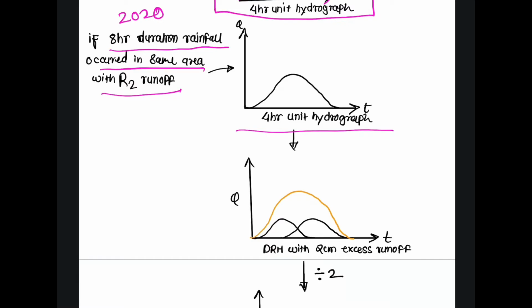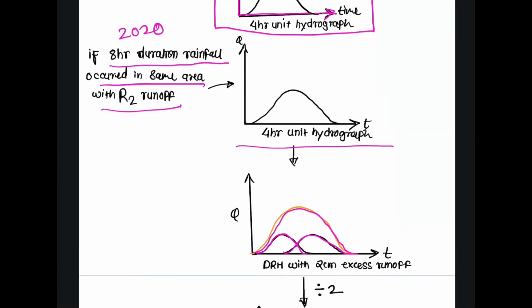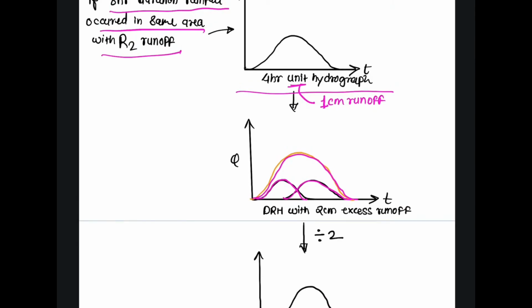and as 8-hour duration rainfall occurred and we have the 4-hour unit hydrograph, we will have to superimpose two 4-hour unit hydrographs in order to get the DRH. Now, as we know, a unit hydrograph indicates 1 centimeter runoff, and as we are superimposing two unit hydrographs, we will have 2 centimeter of excess rainfall.